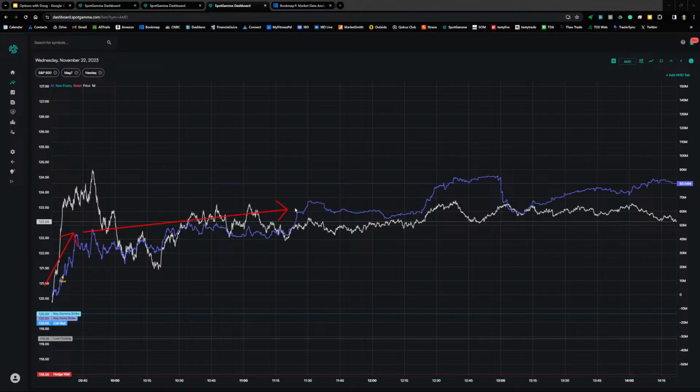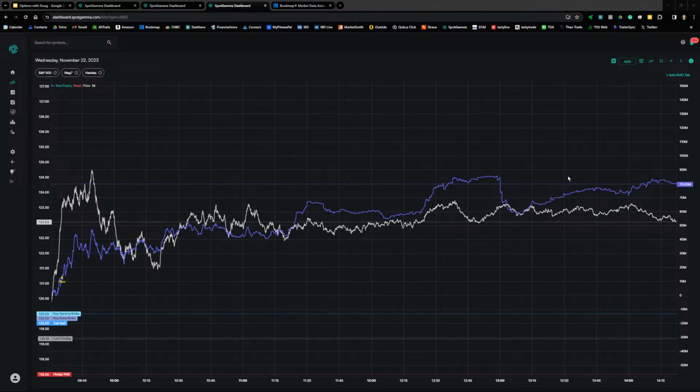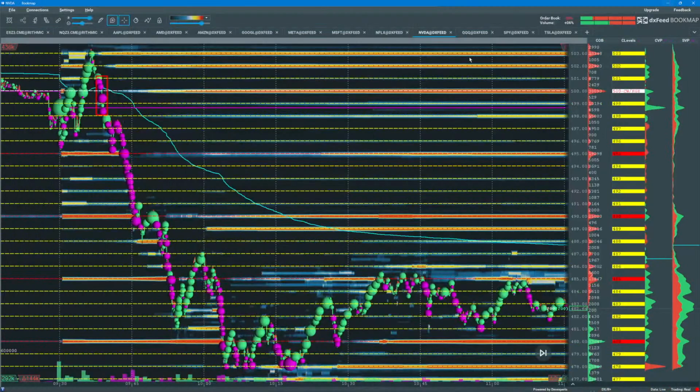And they were very aggressive at first, slowed down, and now AMD continues to move higher as traders continue to take positive delta positions, but not nearly as quickly as it did this morning. So let's go take a look at Bookmap.